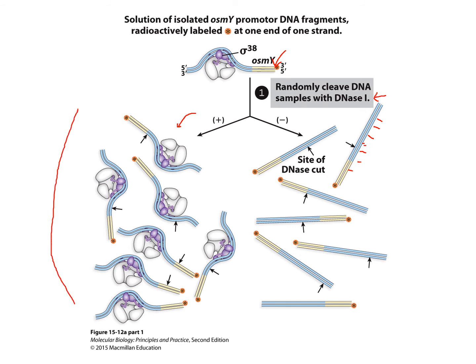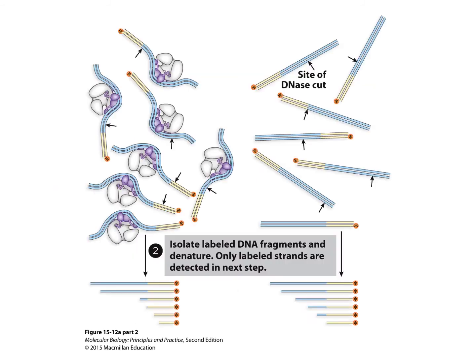In contrast, on this side, if you have a protein bound, it blocks the cutting by the DNase. So you're not going to see every single location in your DNA ladder. You're going to have places that were blocked because the binding of this protein interfered with the ability of DNase to cause degradation. And then you run that out on a gel.